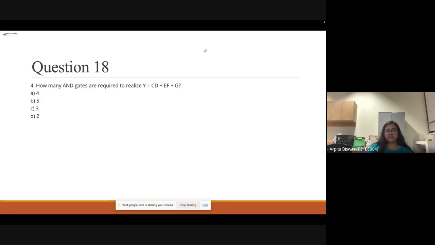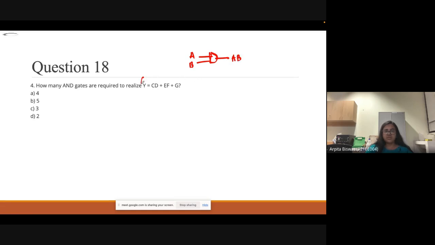Tell me how to represent the AND gate. If it is A and B, then what will be the output of an AND gate? A into B, right?